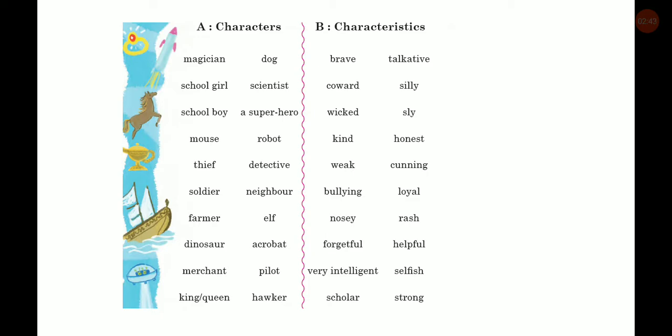Then the characteristics of the characters, whether the magician is wicked or kind, or the dog is cunning or honest. Characters like that you have to select from the given chart.